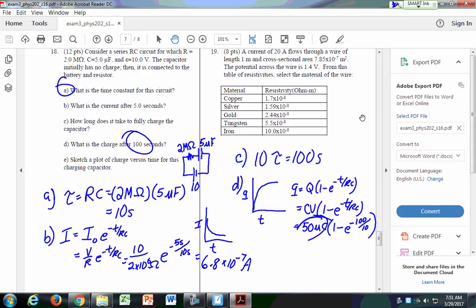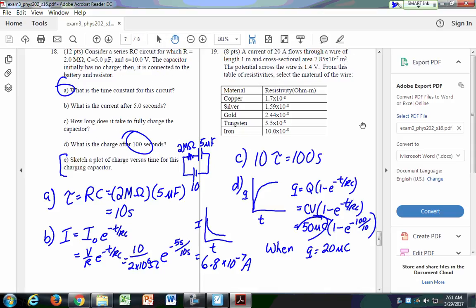And then sketch a plot of charge versus time for the charging capacitor. I could also ask you to tell me what time it is at a particular charge. So let's say I asked you, I wanted to know when does it have Q equal to 20 microcoulombs. Well, I would work that in reverse.